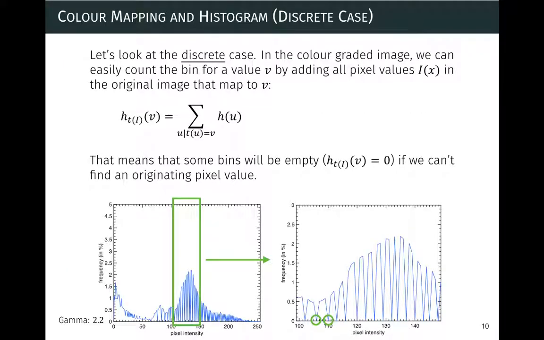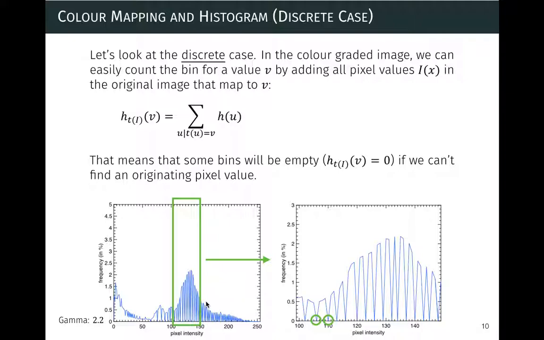That is because you transform these discrete values from 0 to 255, and you apply this transformation, and some of the values will map to the same value, and sometimes you will have values that are never mapped to anything. So you don't have any pre-image on it.